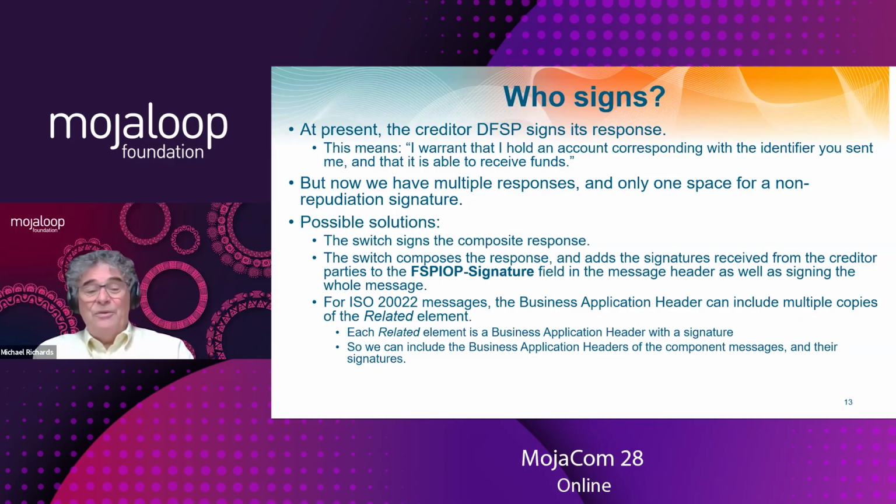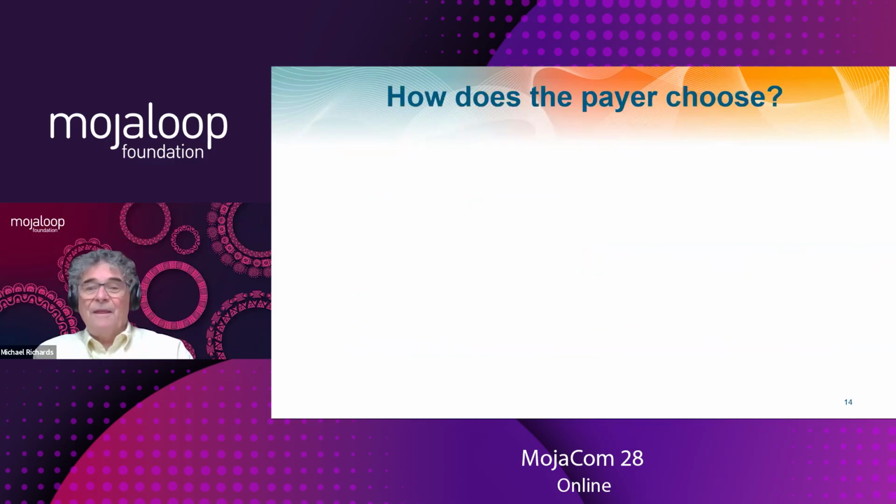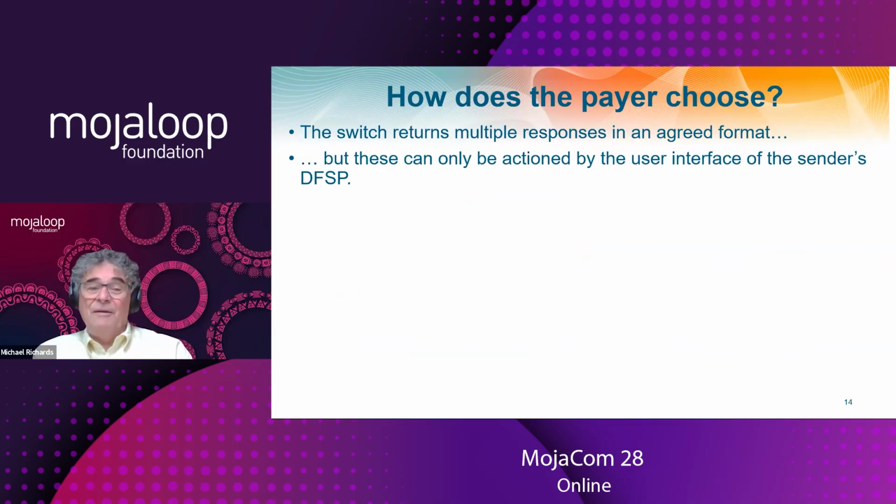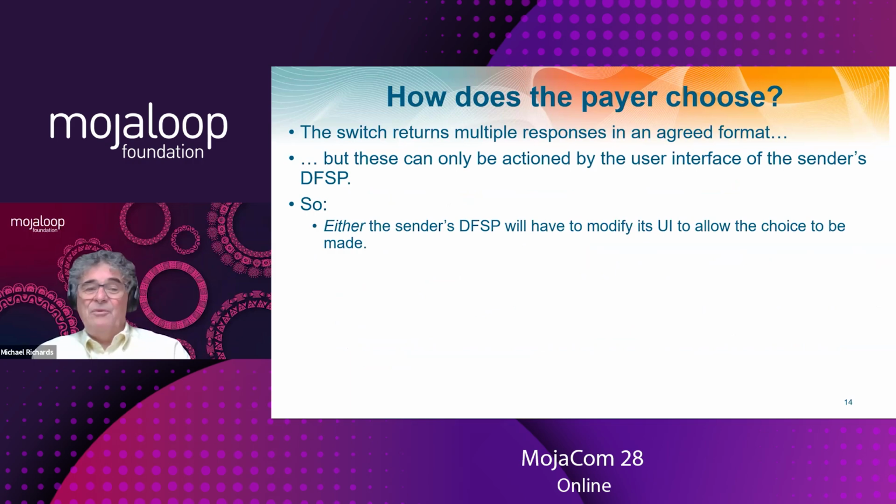Now, how would the payer choose? The switch returns multiple responses in the agreed format. But in the end, those can only be actioned by the user interface of the sender DFSP, the payer DFSP. So either the DFSP will have to modify its UI to allow the choice to be made, for instance, by saying, do you want to send to Miller's Burgers or to Matt's Pizza?